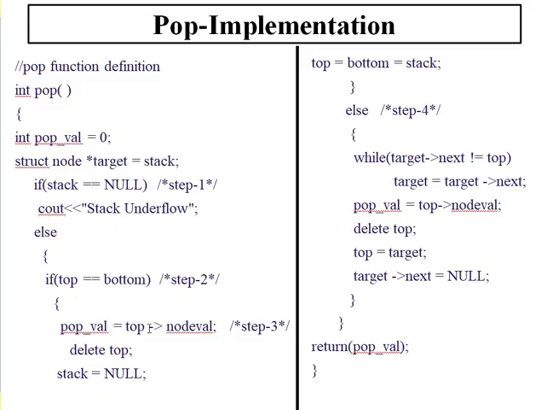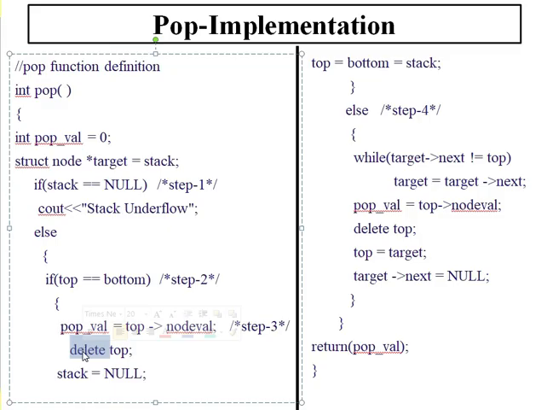So we can take the value of that node and assign it to pop val, that is the value that will be returned to the caller function, and then we can delete the topmost node, because delete is a keyword here, and it is possible because we have declared the top variable as a pointer variable.